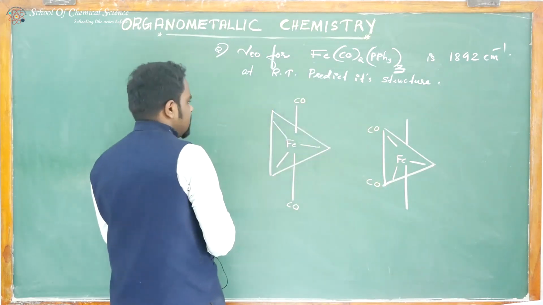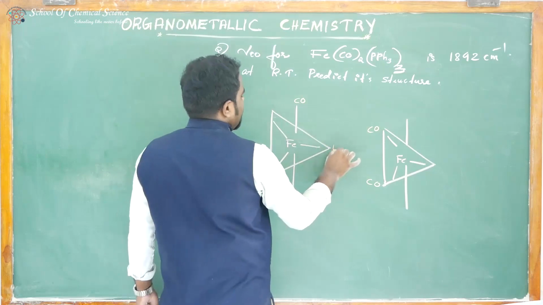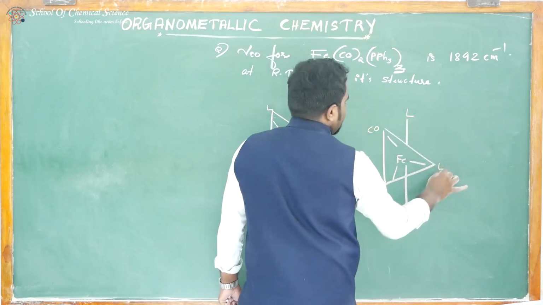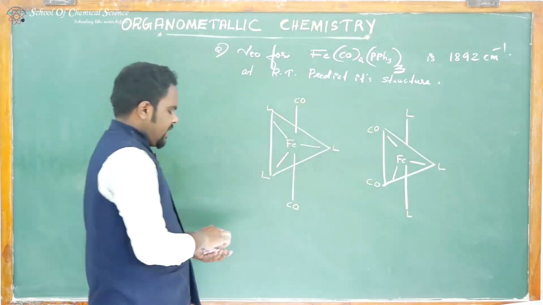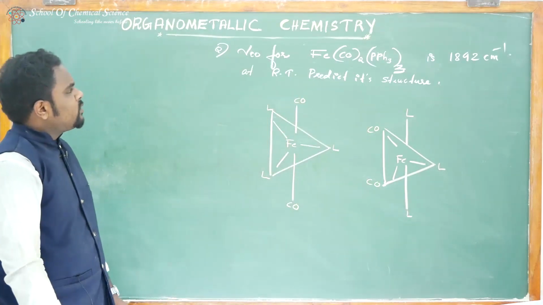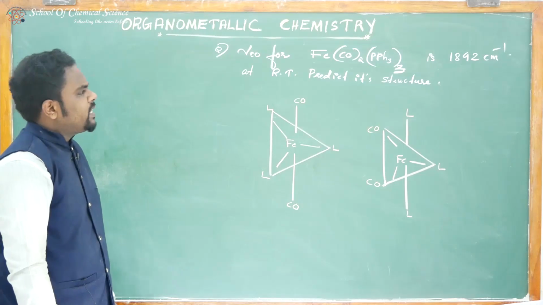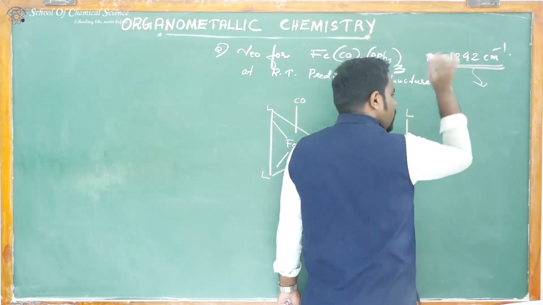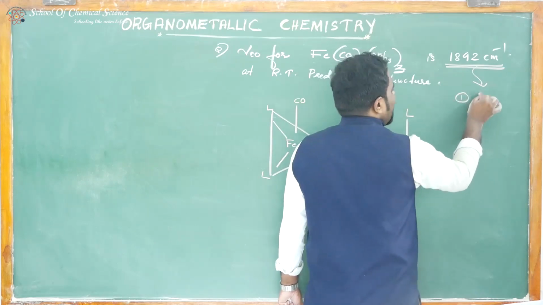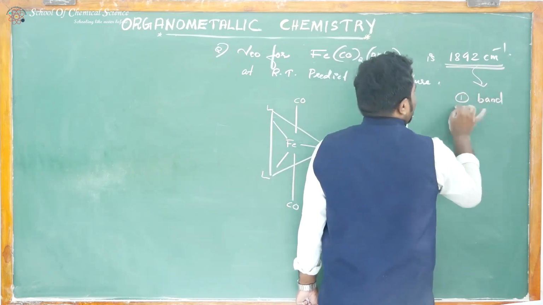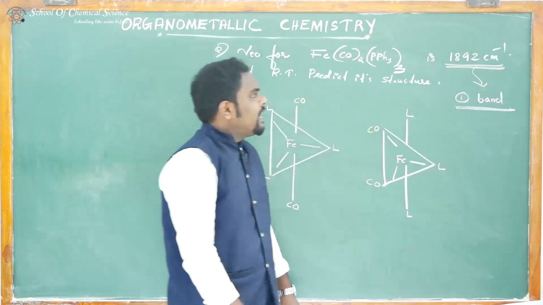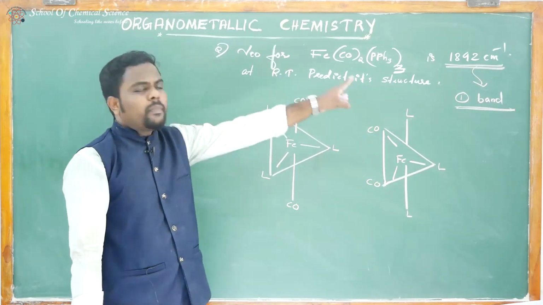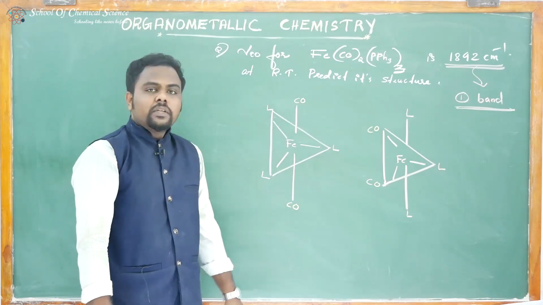Then the other ligands L. So in the question, Fe(CO)2(PPh3)3 shows 1892 centimeter inverse, meaning only one band is there. Only one value is there. One value means only one band at 1892 centimeter inverse for this complex.